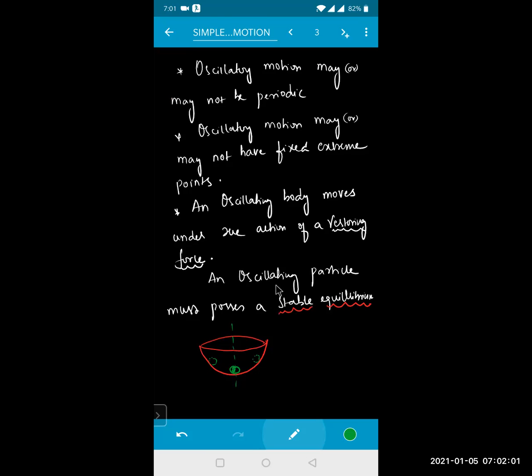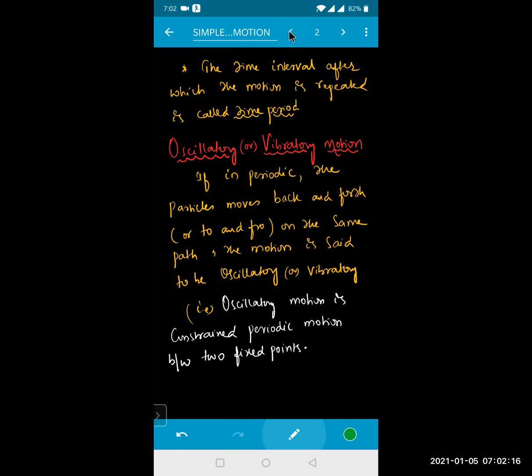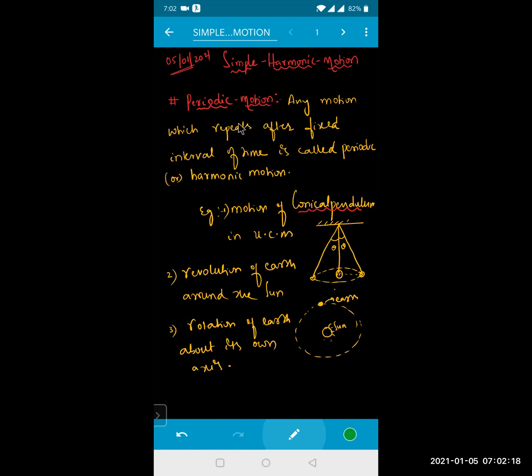So that is the reason I'm saying that an oscillating particle must possess what type of equilibrium? It should possess stable equilibrium. Is it clear, beta? Okay. So now I hope you got a clear picture about what you mean by periodic motion and oscillatory motion. Periodic motion means any motion which repeats after a fixed interval of time is called periodic or harmonic motion.